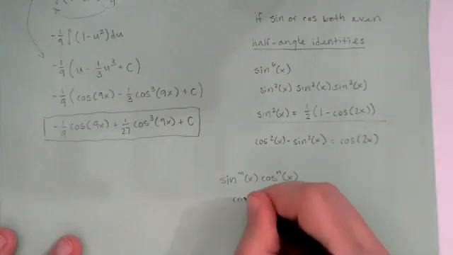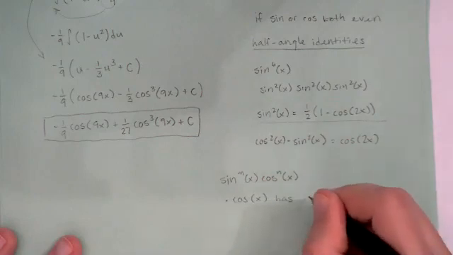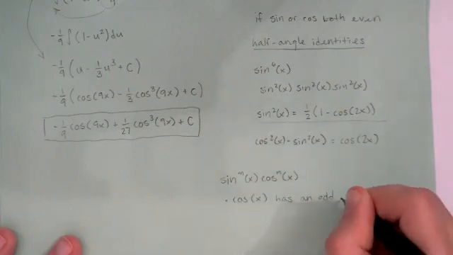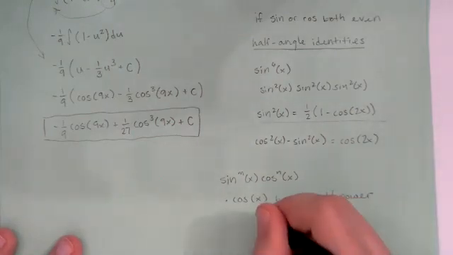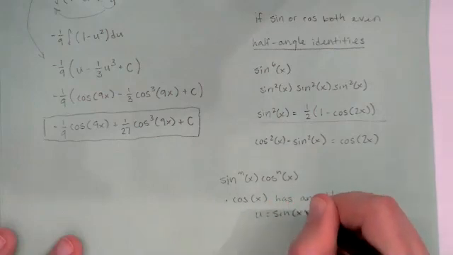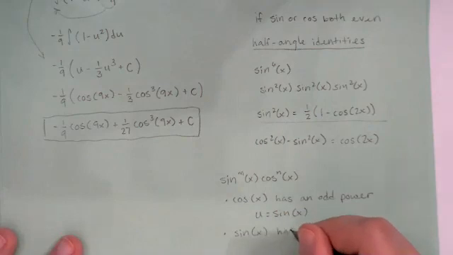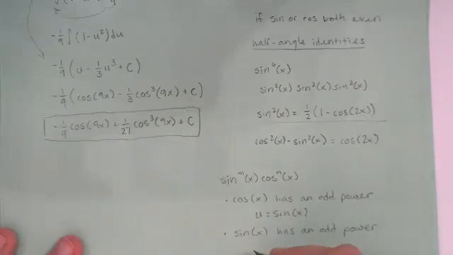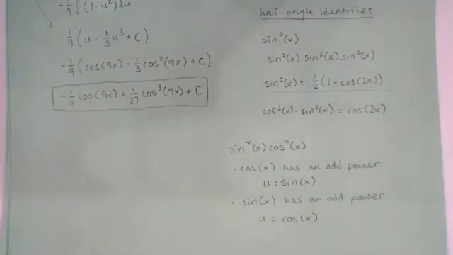If your cosine of x has an odd power, you're going to end up at a U substitution, and you're going to want to use u equal to sine of x. And then if your sine of x has an odd power, then you're going to want your U substitution equal to cosine of x. And those are just really useful tricks.